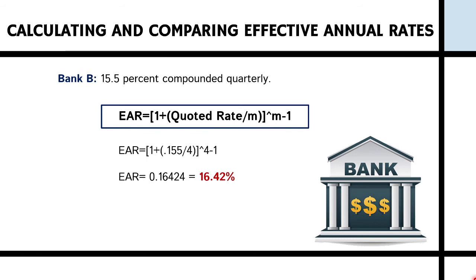The only difference is the number of compounding periods. Bank A has daily compounding periods, while Bank B has quarterly compounding per year. Bank C, 16% compounded annually. EAR is equal to the quantity of 1 plus the quantity 0.16 over 1, raised to 1, minus 1, or 0.16 or 16%.